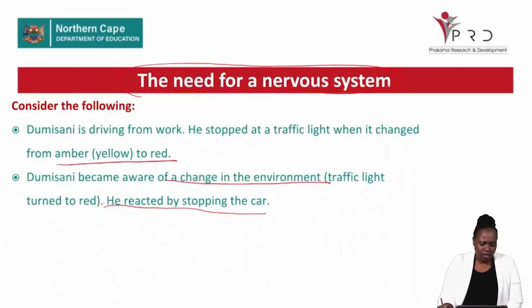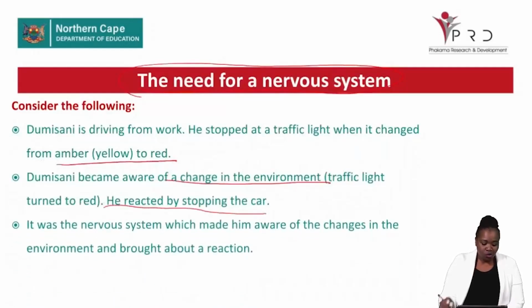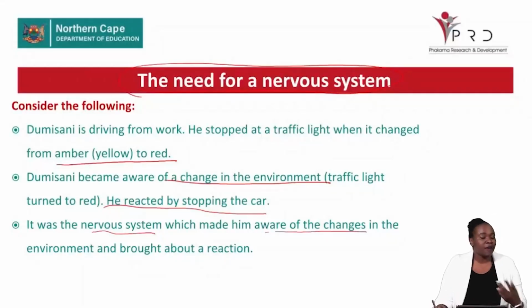So what told Dumisani to stop the car? It was the nervous system that analyzed that stimulus, that change in the external environment. The nervous system made him aware of the changes in the environment, and it also sent a message to his muscles to react.